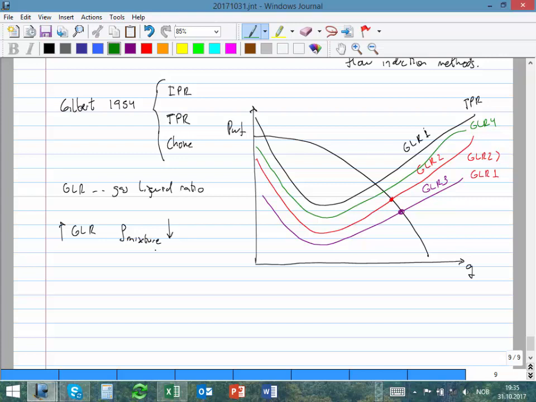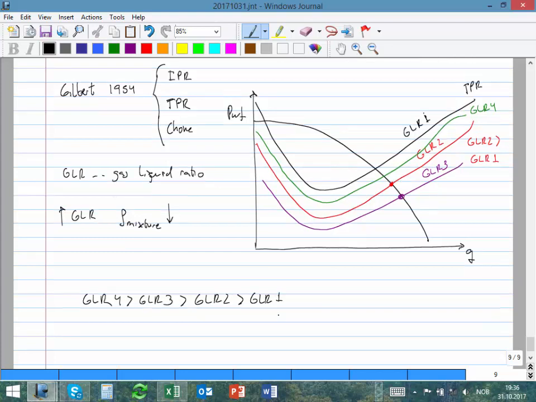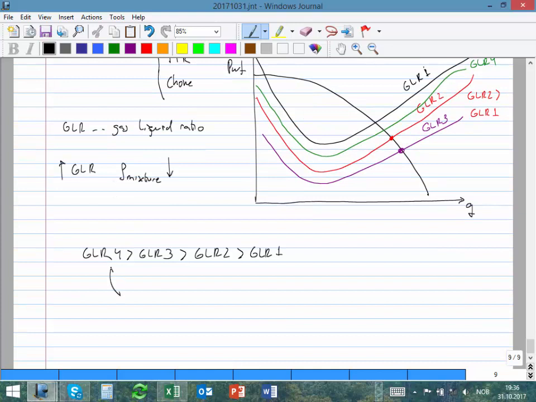And that's because of the delta P. Gas liquid ratio of 4 is greater than gas liquid ratio of 3, greater than 2, greater than 1. So here in this point, delta P hydrostatic becomes smaller than delta P by friction.